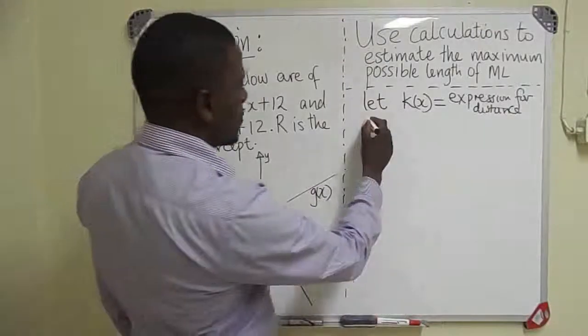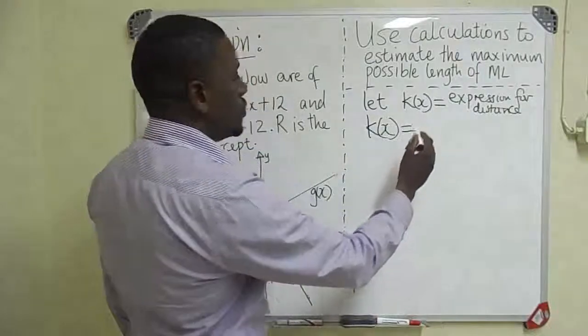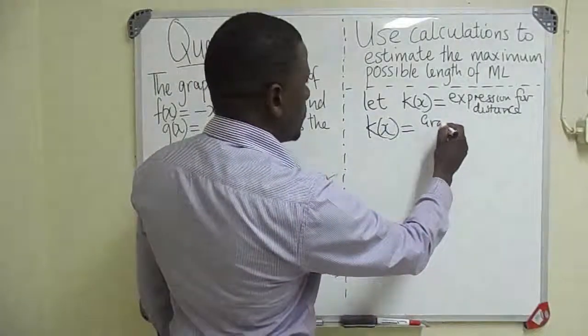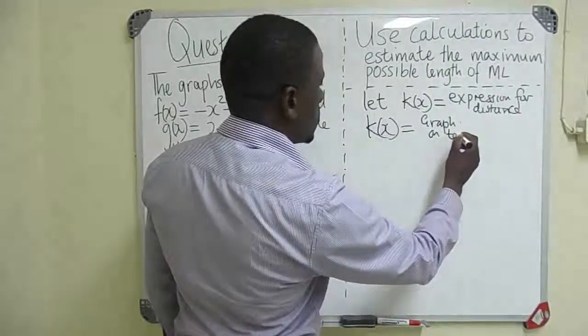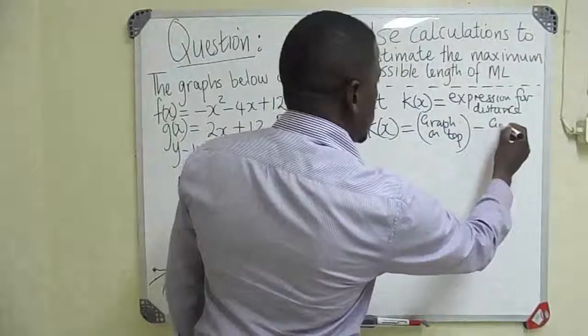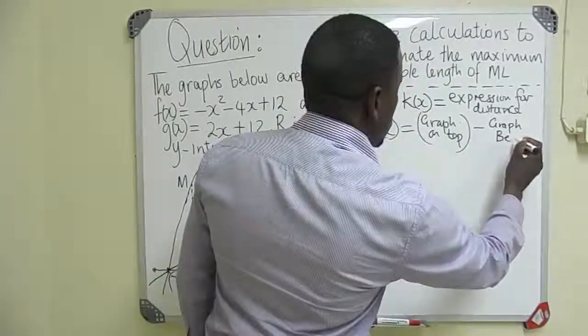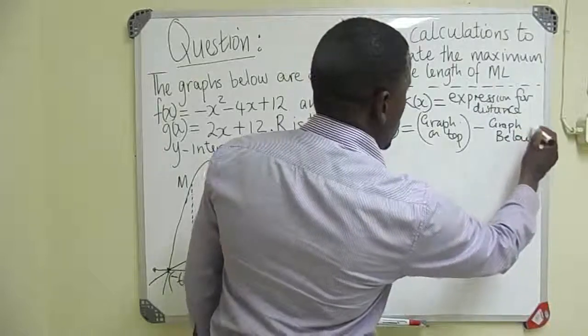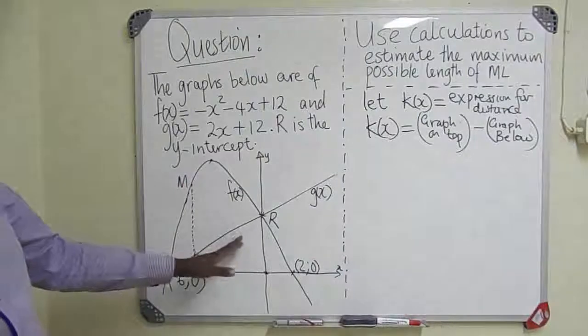So our method will be k of x is equal to the graph on top minus the graph below. So here we have two graphs, f of x and g of x.